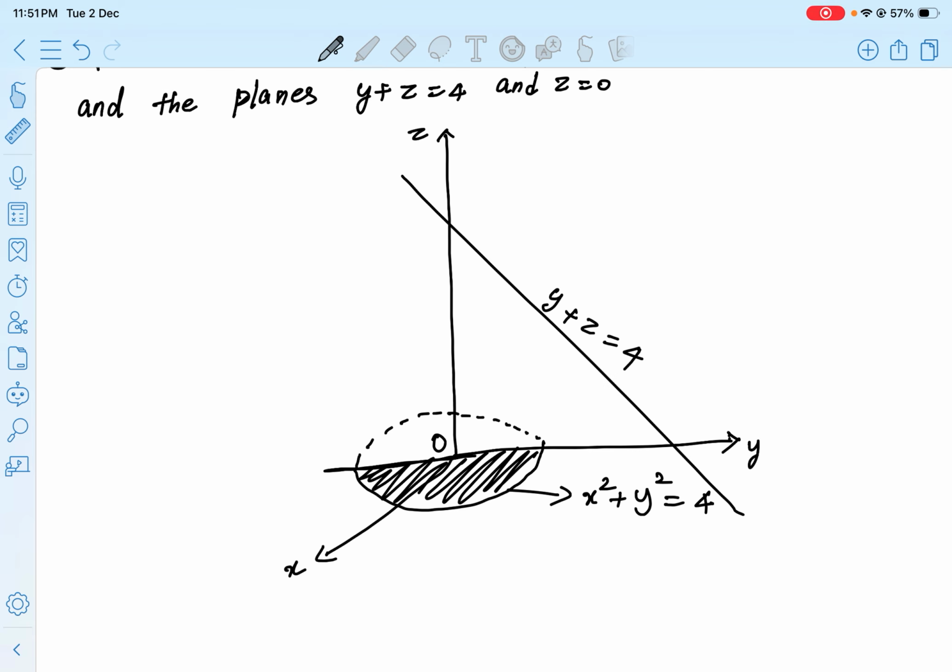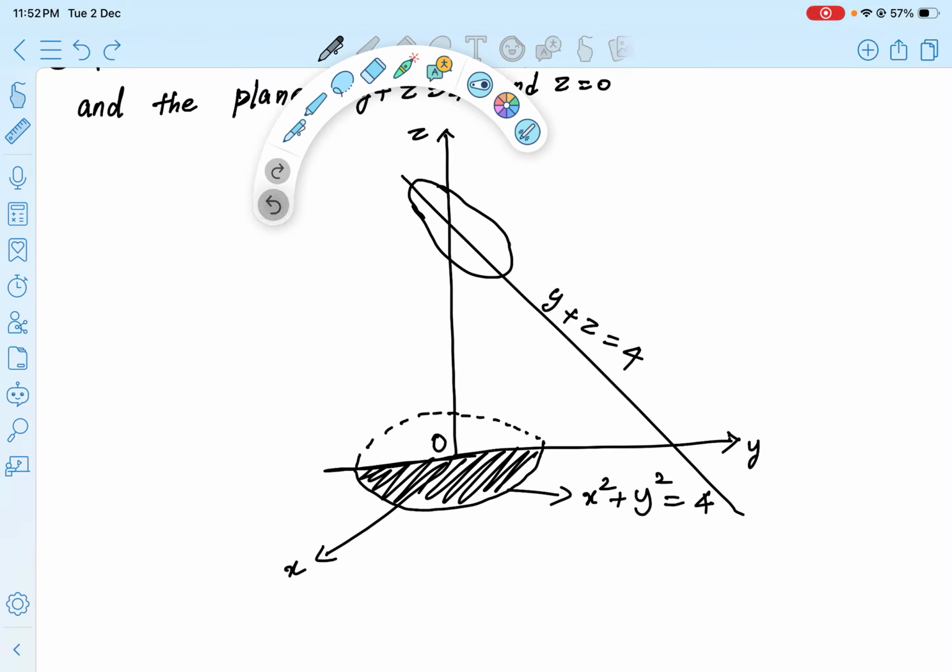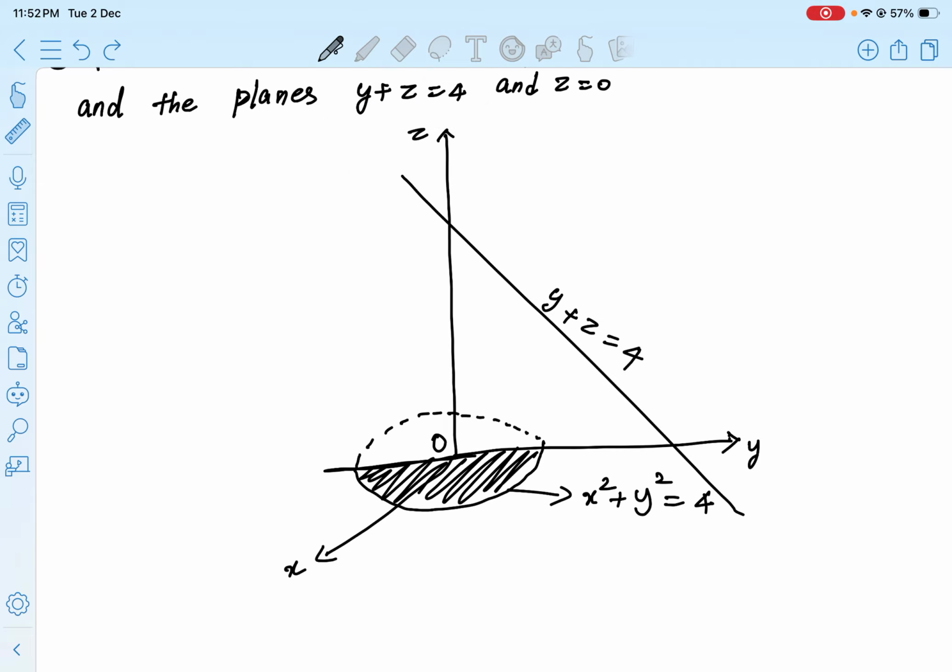So this cylinder will look like this. Your cylinder will look like this, like a slanting curve, because y and z are connected.